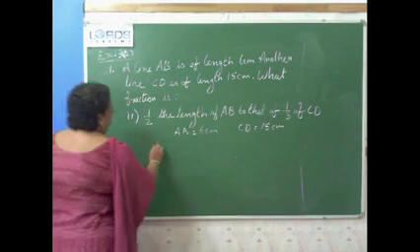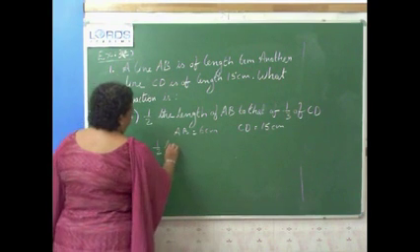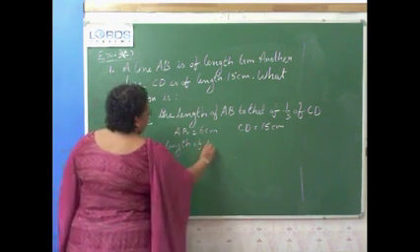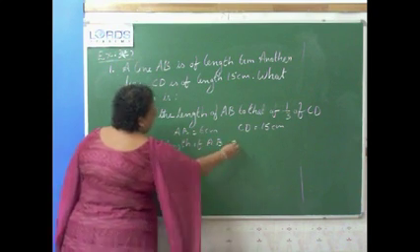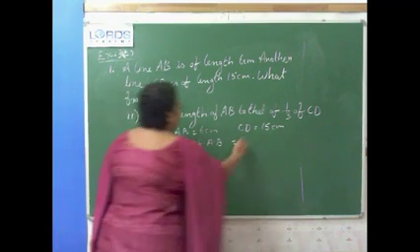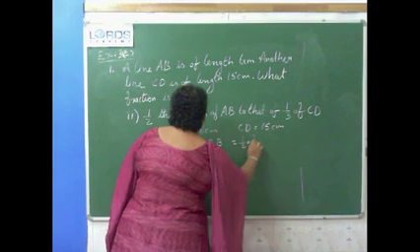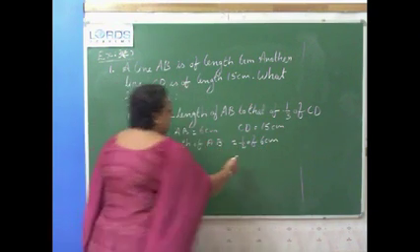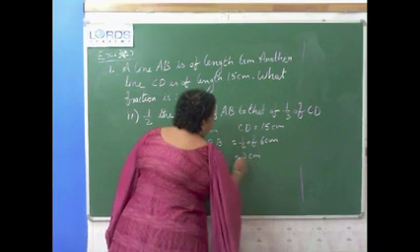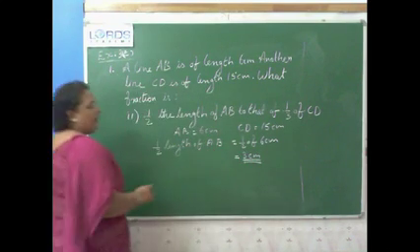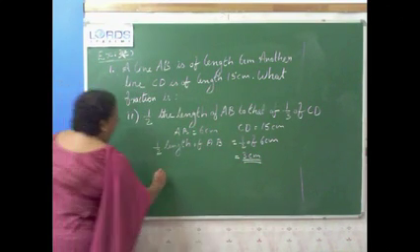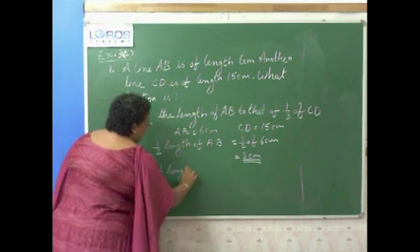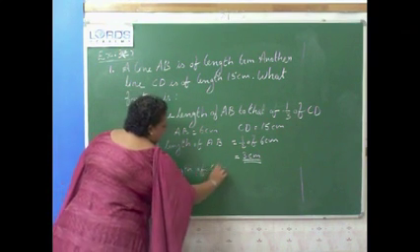So, I will write 1 by 2 length of AB. That is 1 by 2 of 6 centimeters. Multiplication is coming, so we will get 3 centimeters. And then we have to find 1 by 3 of the length of CD.